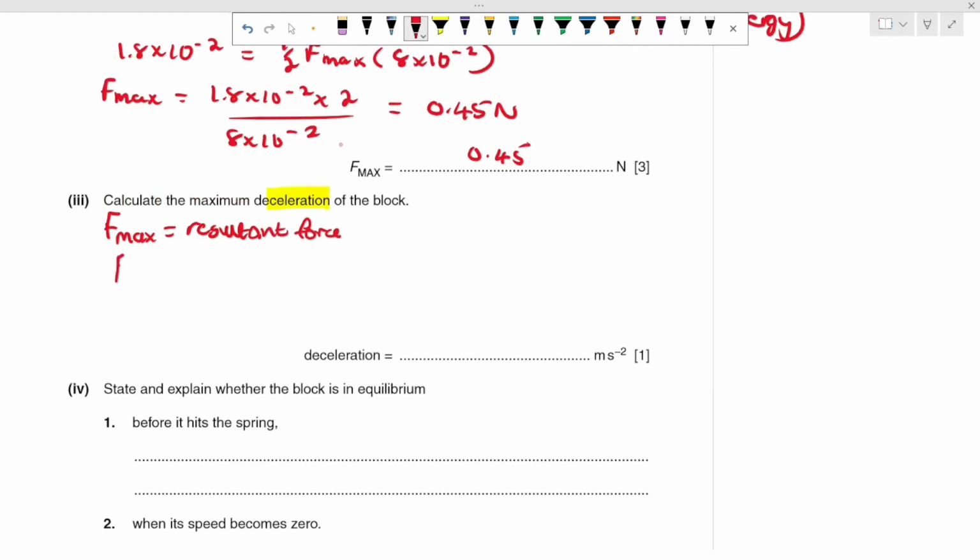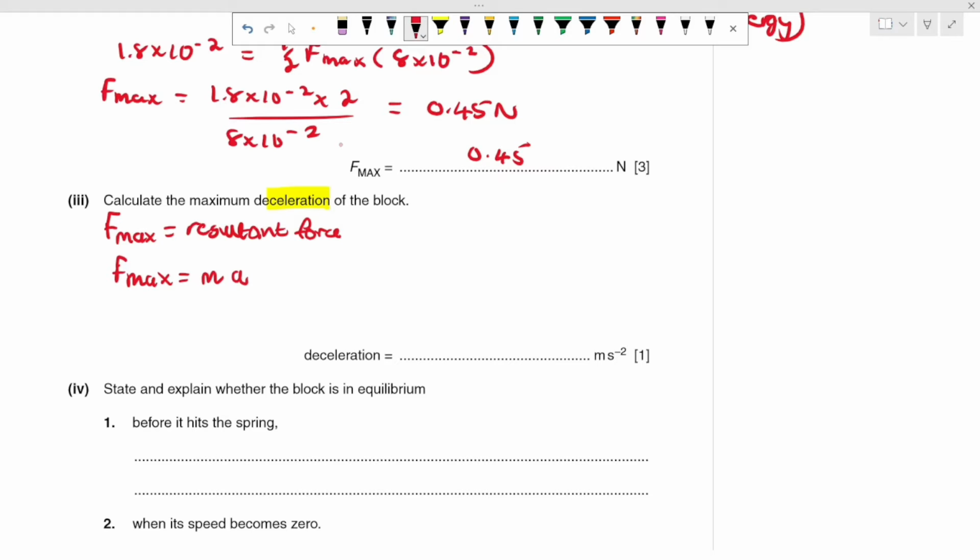So we know that F max therefore has to be equal to your mass times your acceleration. In this case, it's your deceleration, because F max will be negative in the opposite direction, right? But we don't care about signs, because deceleration caters for that.